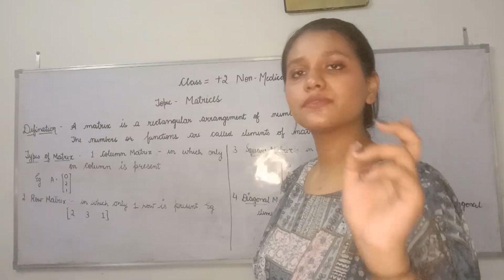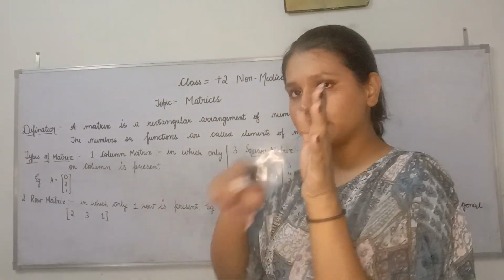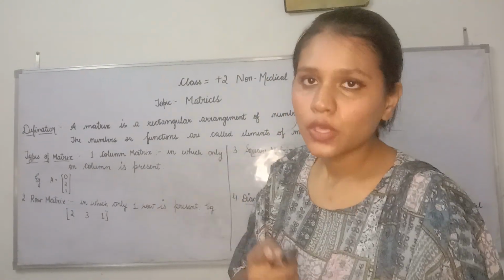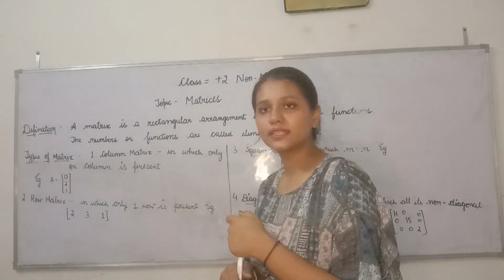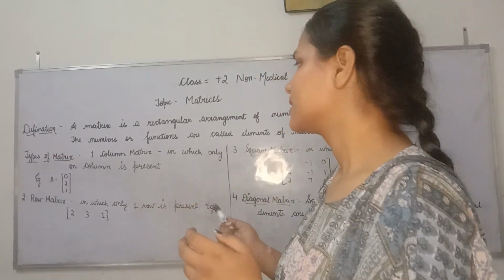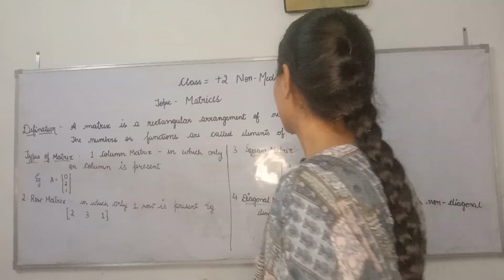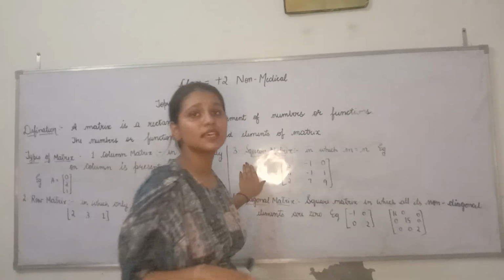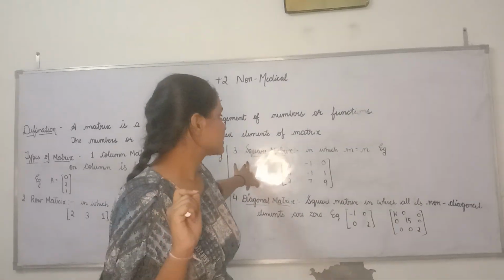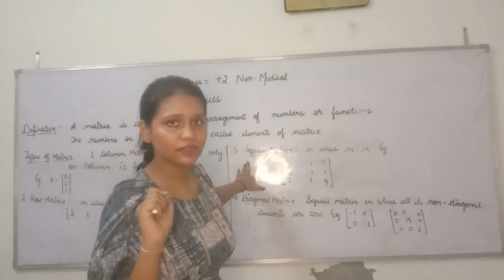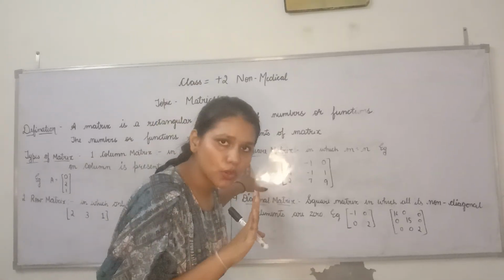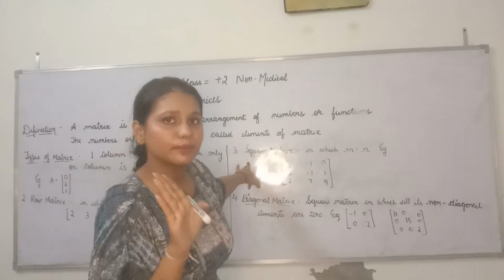And the row matrix, in which only one row is present. These horizontal lines are called the rows, and only one row is present in the matrix, that is called the row matrix. The third one is the square matrix. A square matrix is a matrix in which the number of rows is equal to the number of columns.